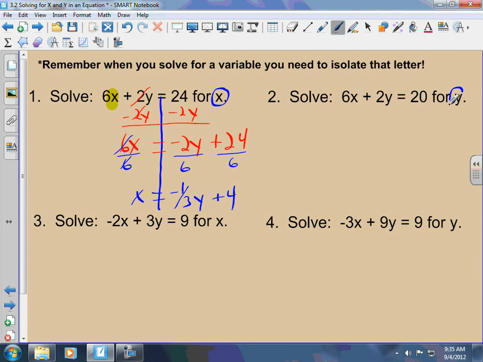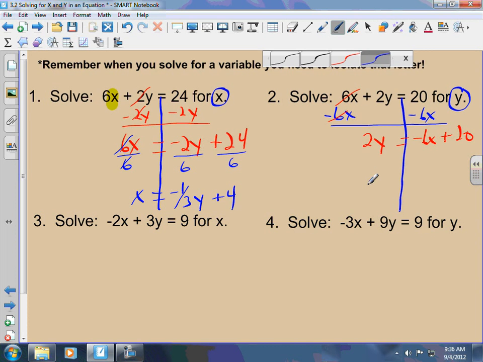So here I'm going to solve for y. So that means I'm going to move the 6x first. Go ahead and pause the video and then see if you get the answer right. Okay. So if I'm solving for y, I'm going to subtract 6x first. My 6x's cancel. 2y equals, remember, put the negative 6x first, plus 20.